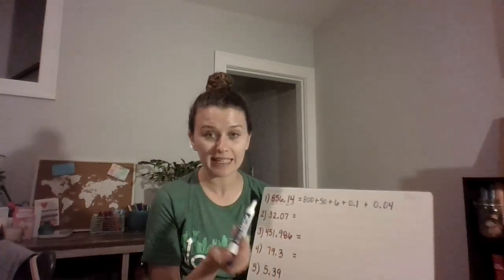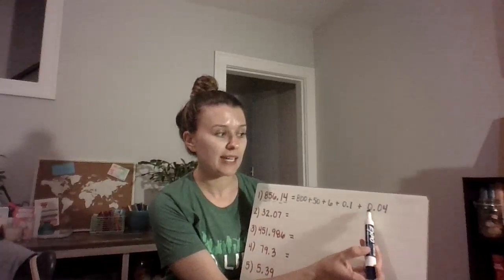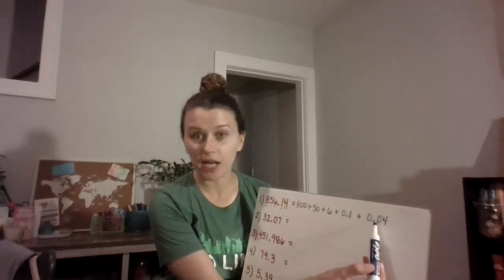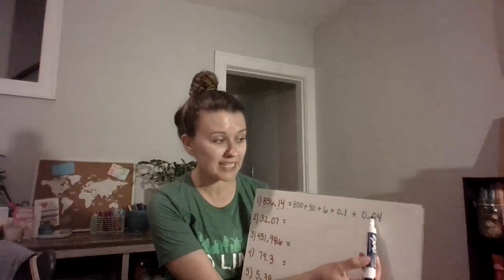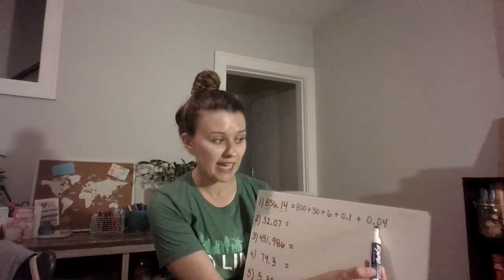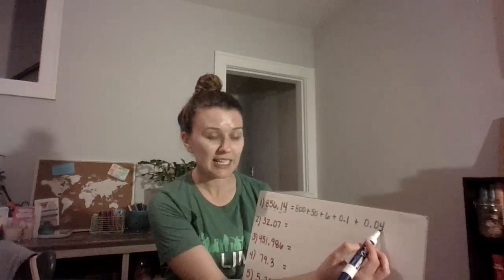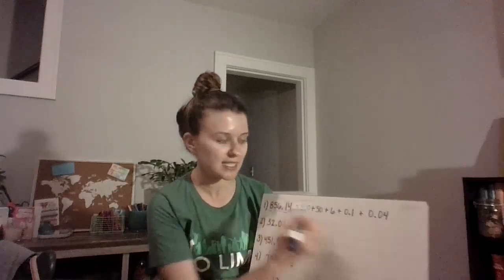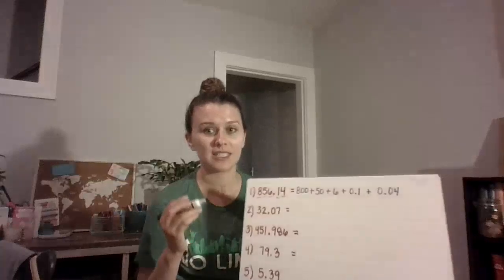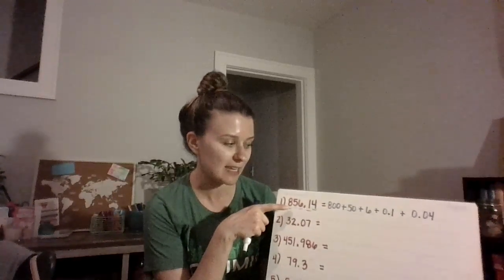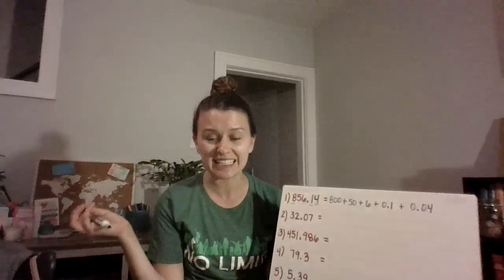So to write that in expanded form, I write 0, my decimal point, I'm not looking at my tenths place, so there's a 0 in that spot. And then I just put my 4 in my hundredths place since I have 4 hundredths. So this is how I would write 856 and 14 hundredths in expanded form.